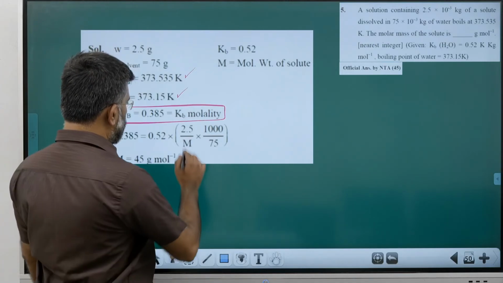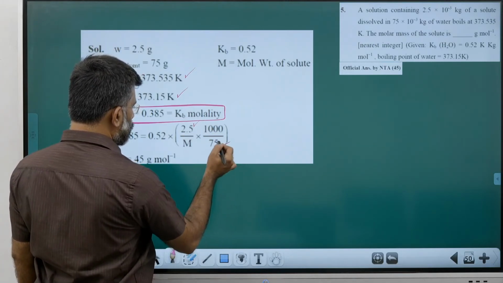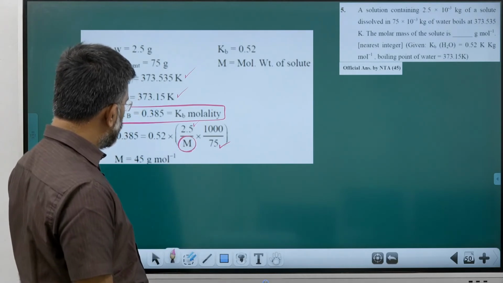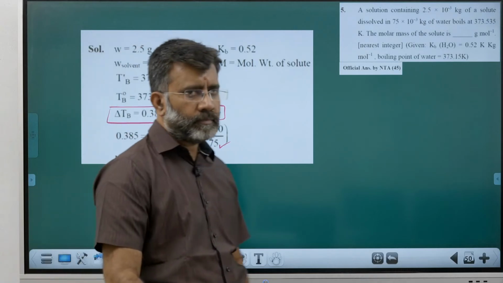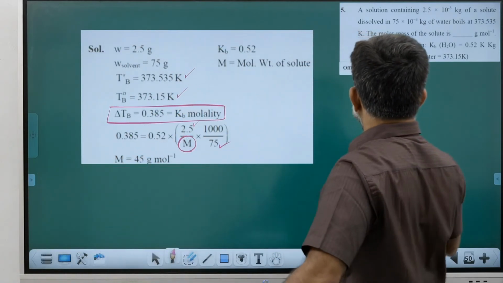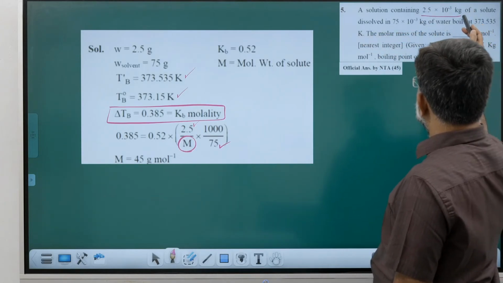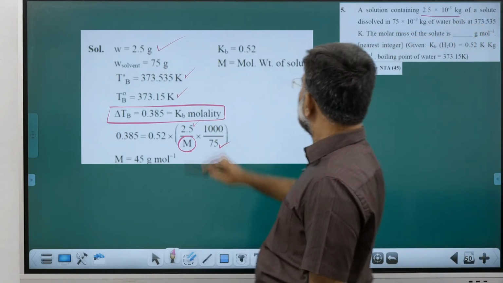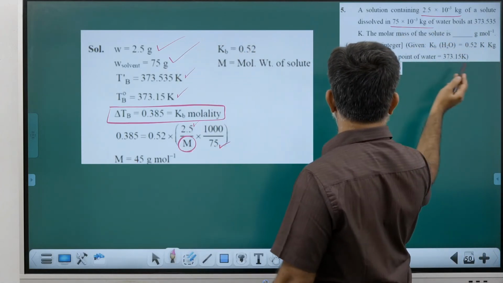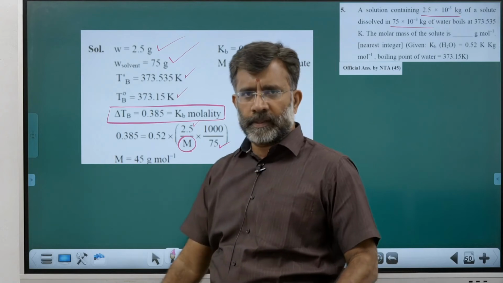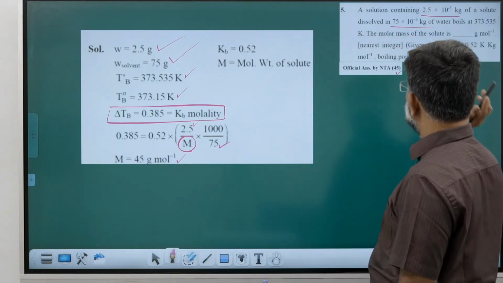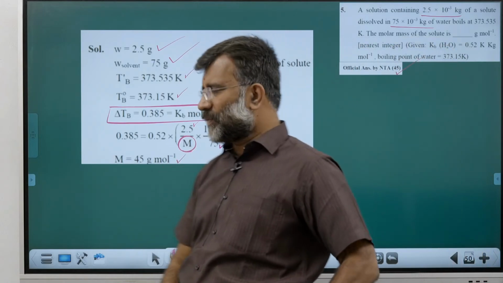And molality will be mass of solute by mass of solvent into 1000 by molar mass of solute. And that is what you are asked to find out. Right? All data given. See, 2.5 into 10 power minus 3 kg, that is 2.5 gram. 75 into 10 power minus 3 kg, that is 75 gram. Kb value given, all are given. We'll get the molar mass as 45 coming as the answer. Okay, next one.